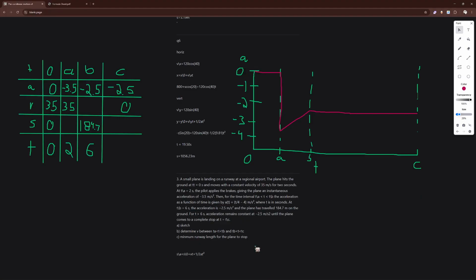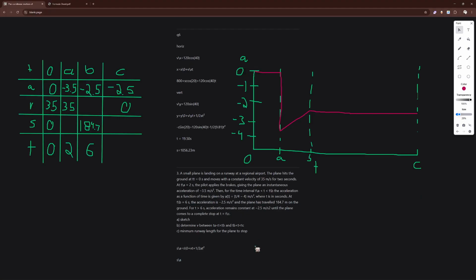S naught is 0. A is 0. So we're just going to have that SA is equal to 35 times 2, which is equal to 70. So we can plug this into our table here quickly. 70, and the color's changed, so you know what's being added in.